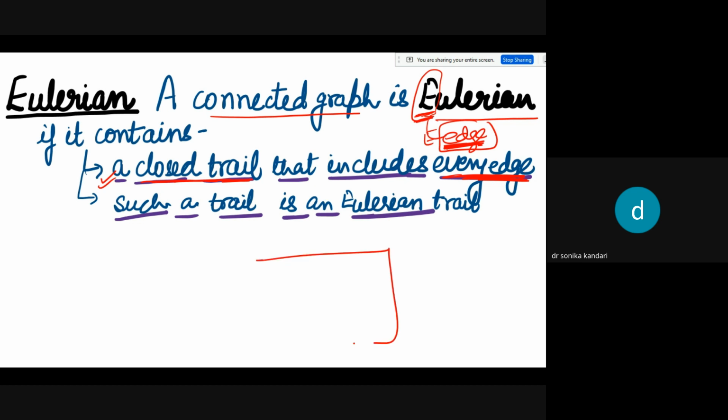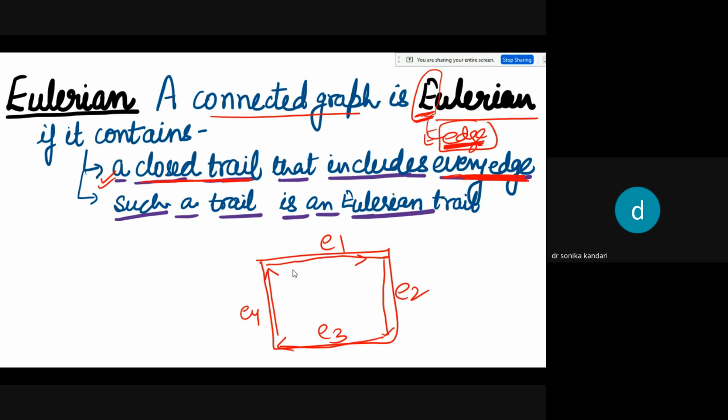It means like this. If in your graph you have edges like this, then an Eulerian trail will cover all the edges. It will also cover edge E2, edge E3, edge E4. Such a trail will be known as an Eulerian trail.